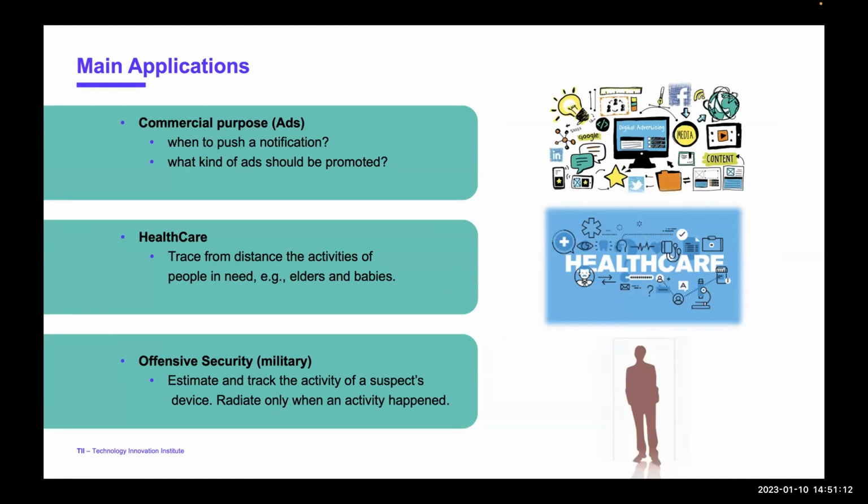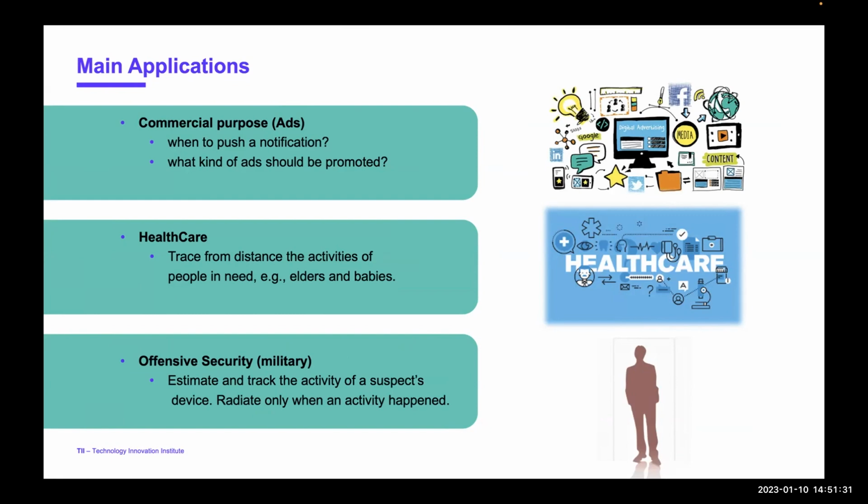Our motivation at the time, so we have been asked to do these kind of activities because of commercial purposes. We wanted to understand what people are doing so that ads could be placed depending on the characterization of the activity they are doing.